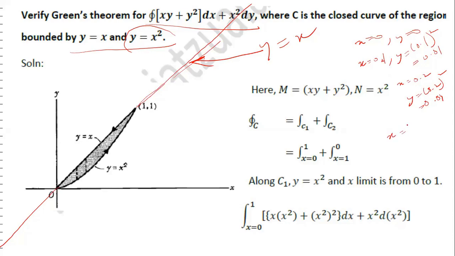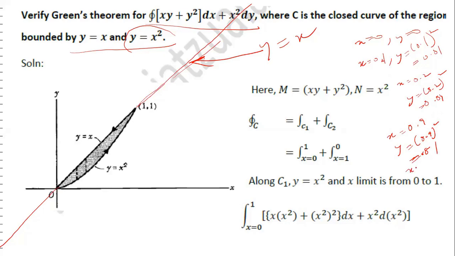When x value is 0.9, y value will be 0.9 squared, 9 times 9 is 81, so with the decimal point, this will be 0.81.